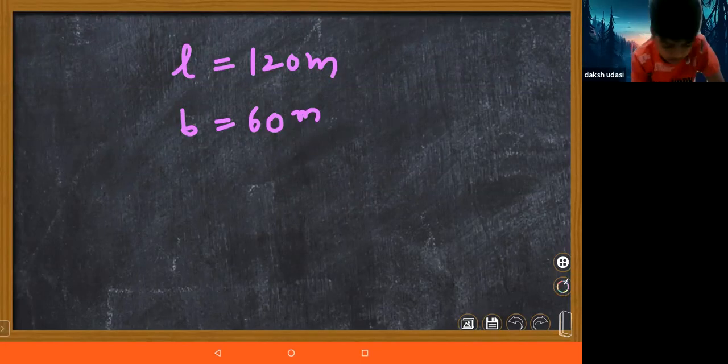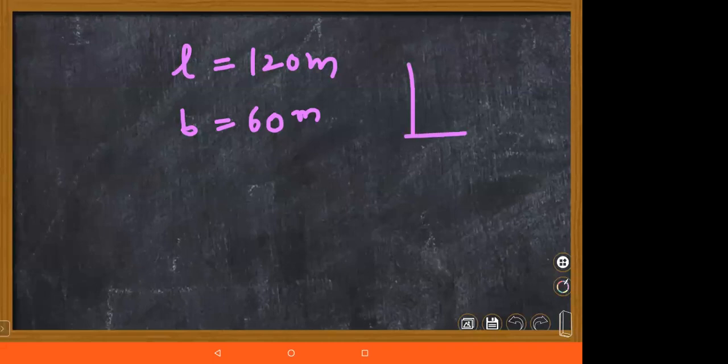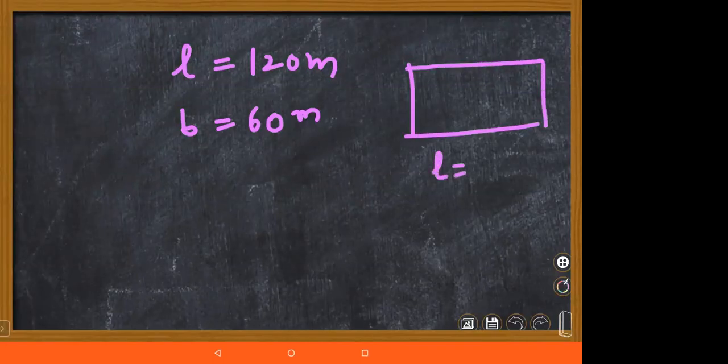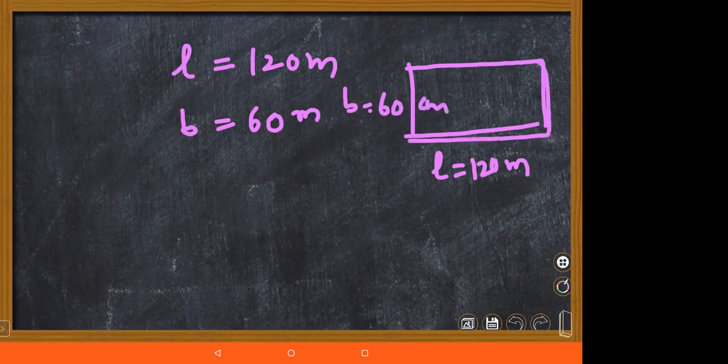Ashwath is interrupting when we are trying to answer our question. Yes, this length is 120 meters. Breadth is given as 60 meters. I want to fence this field around 3 times. 3 times means 3 layers, I need to take a wire and fence.